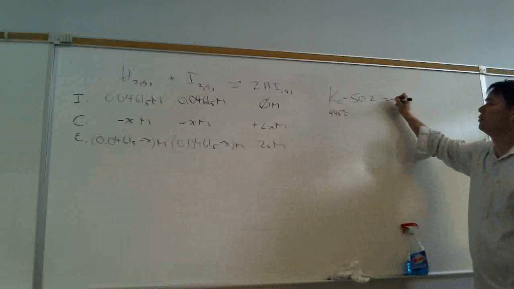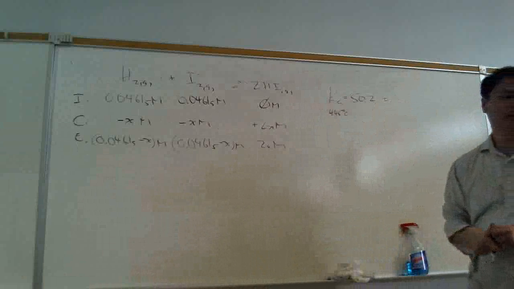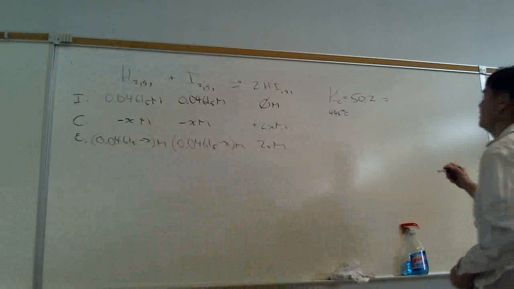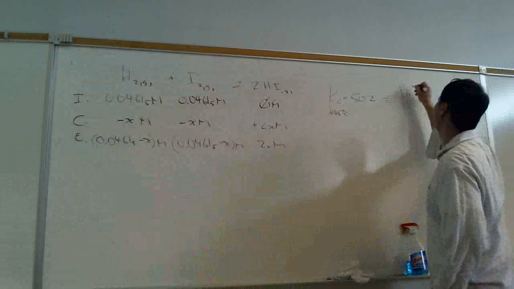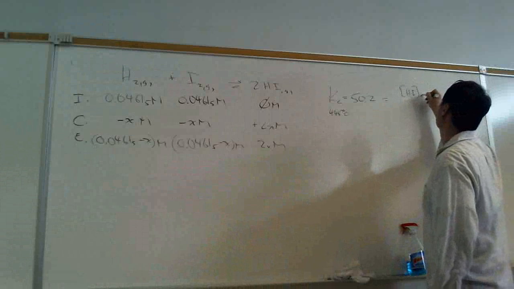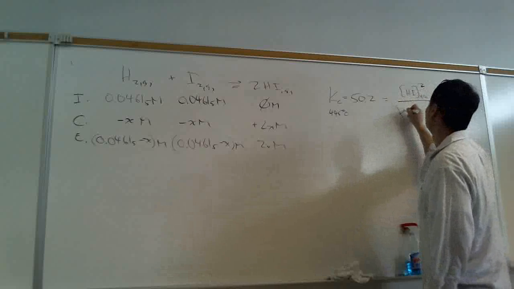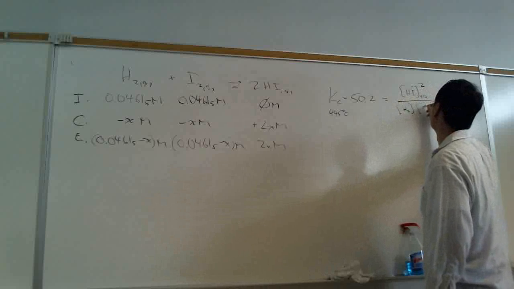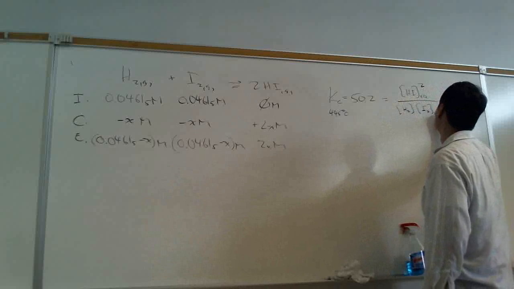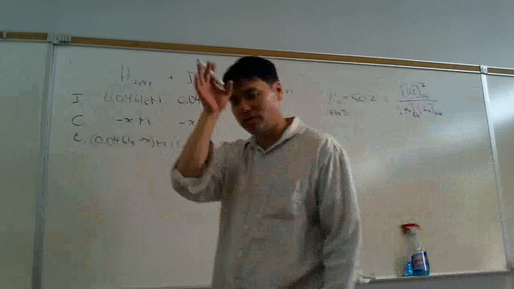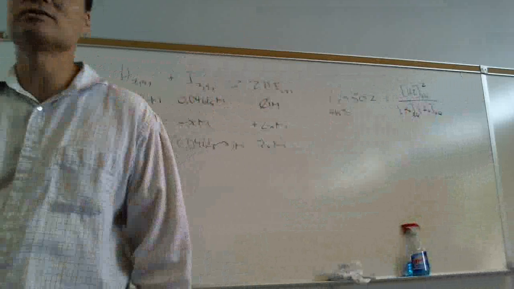Maybe uncomfortably warm. But anyway, Kc, we can figure out the equation for Kc. Kc is going to be the equilibrium concentration of HI squared divided by the equilibrium concentration of H2 and the equilibrium concentration of I2. Well, we don't have the equilibrium concentrations either, so it looks like we're stuck.